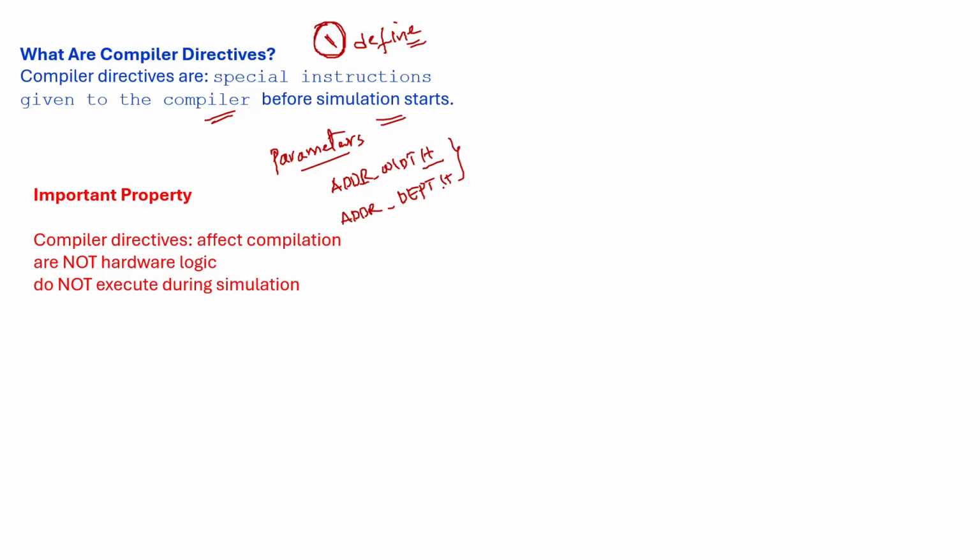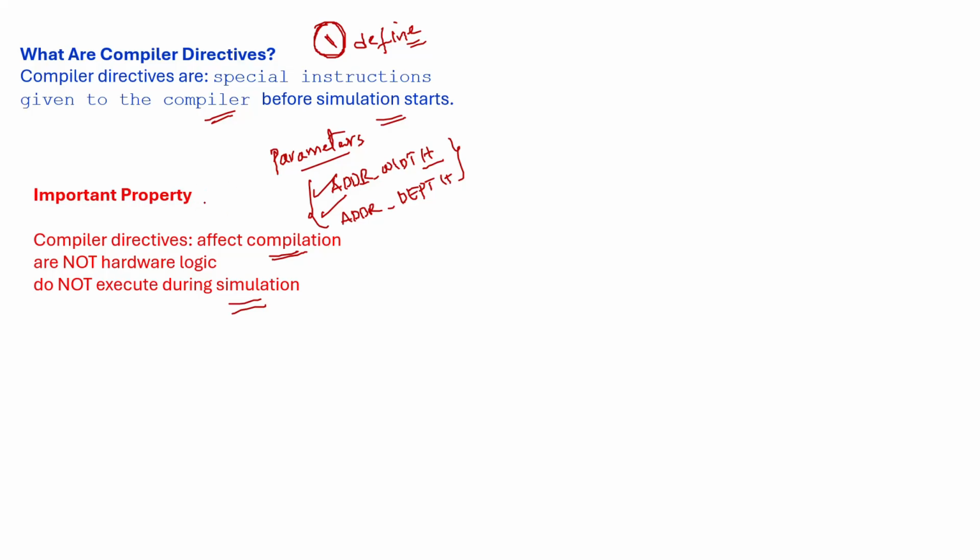These address width and depth parameters we are utilizing in different variables. At that time, these compiler directives will replace them. `define takes those variables, and whatever widths or parameters you are utilizing will create a separate file. That is the reason it is not involved in the simulation time. It exists during compilation time only.